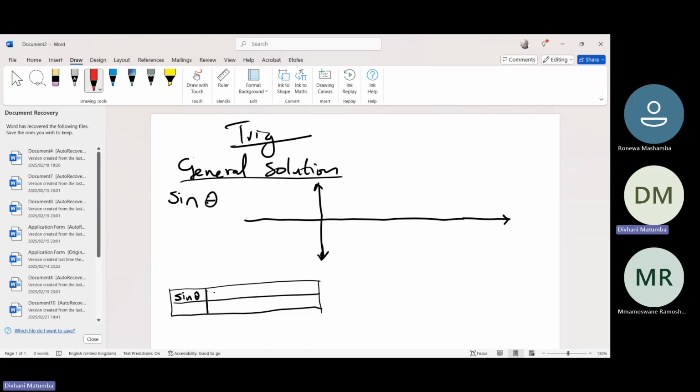Yes. Okay, so what is the sine of 0? It's 0. What is the sine of 90? It's 1. 180?